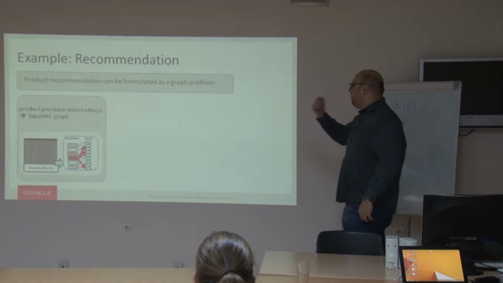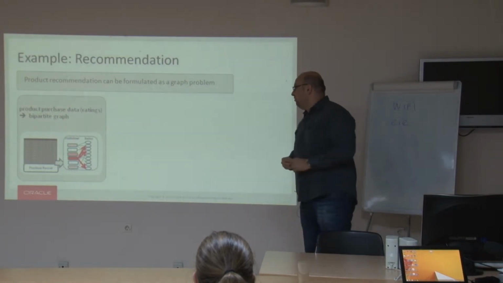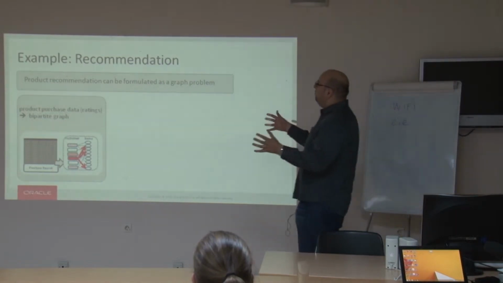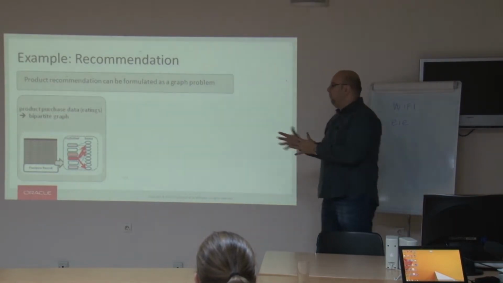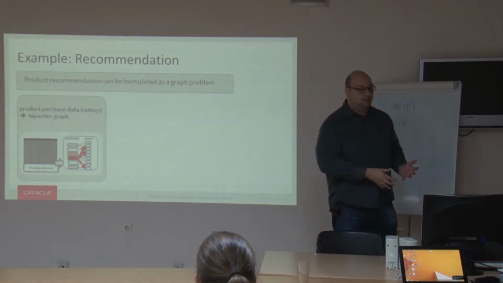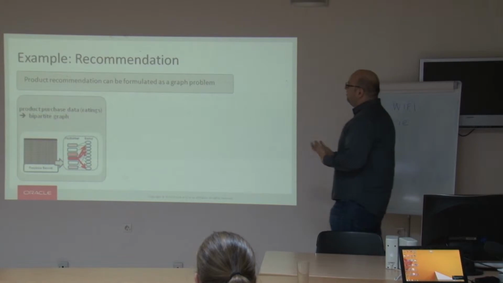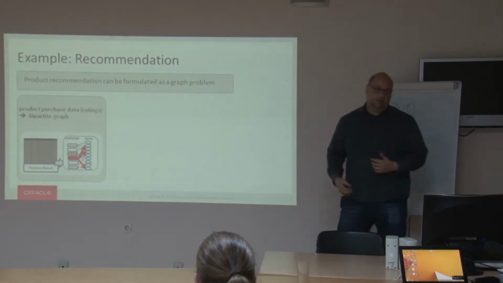So you could start out with some product transactions, a bunch of purchase records. And then what you could do is take those purchase records and map them into a graph, a bipartite graph, where you have customers as nodes, items that they've purchased as other nodes, and then links between the customers and the items they've purchased.